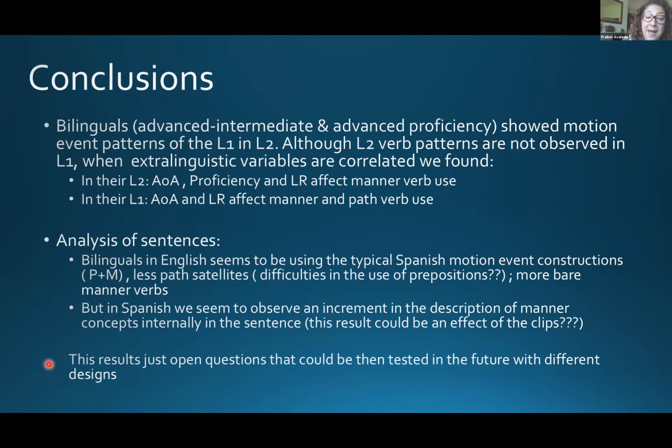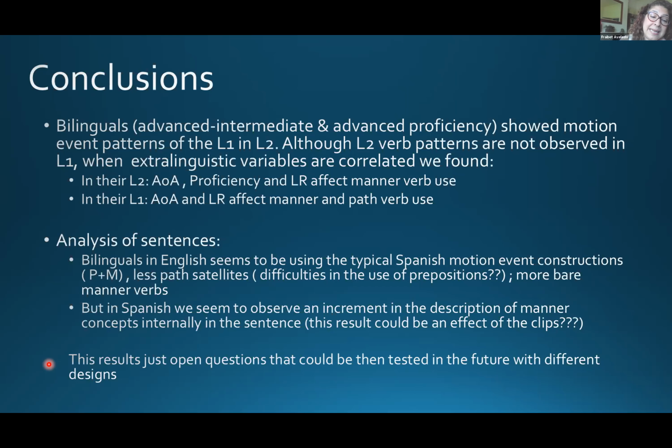We observe fewer path satellites, and this could be explained by the difficulties in using English prepositions, and also, of course, as I mentioned, more manner verbs.